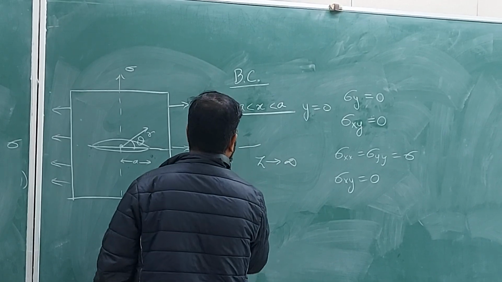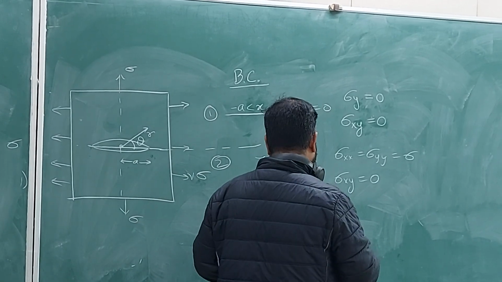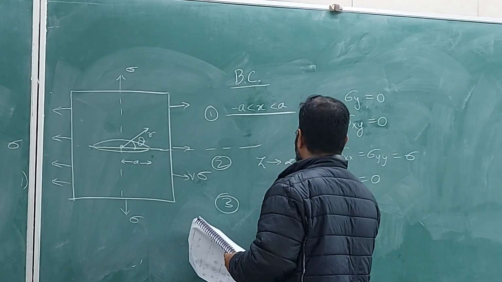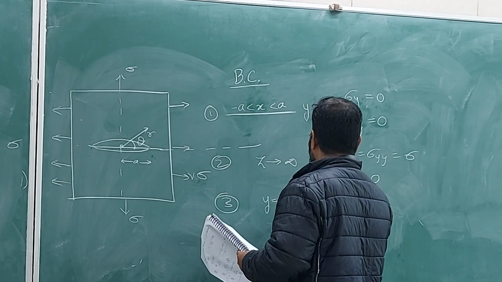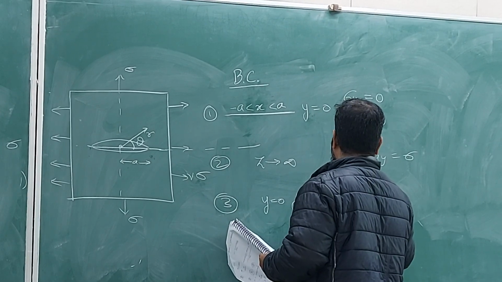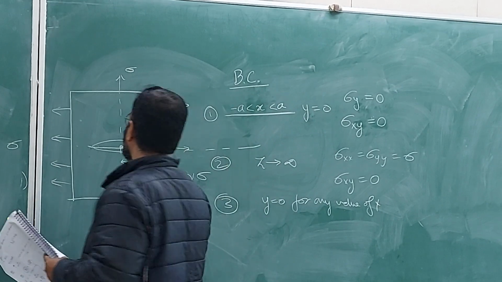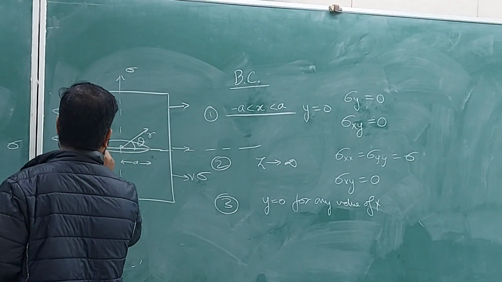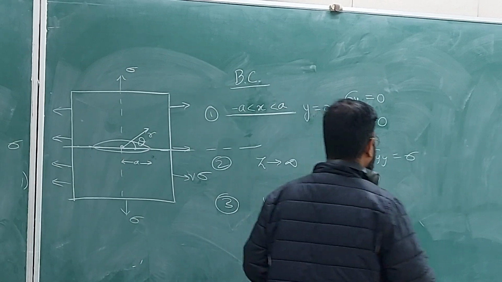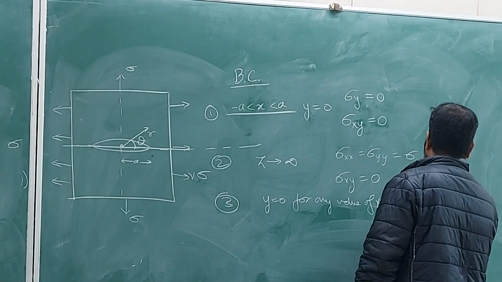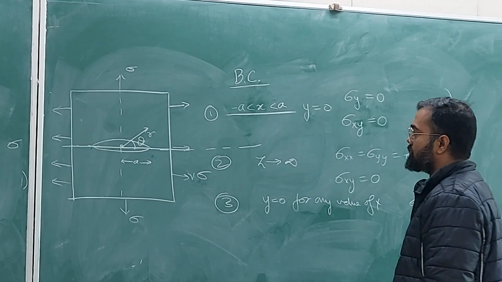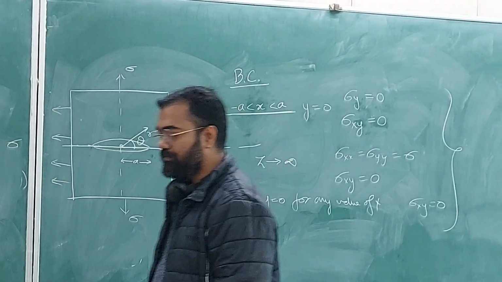And the third boundary condition is along y equal to 0 for any value of x, what must be satisfied is that shear stress will be 0. These are the three boundary conditions which must be satisfied.